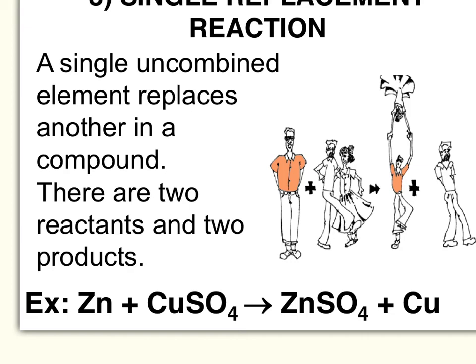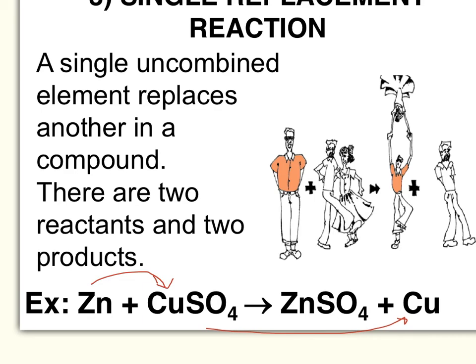So an example of this is zinc and copper sulfate. If you combine these together to create a reaction, the zinc is on its own to start with. It will replace the copper and then pop the copper out for the products. So single replacement is there's one thing that's on its own and it replaces something else.